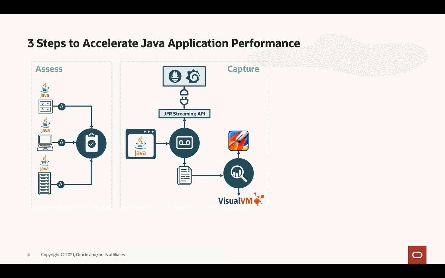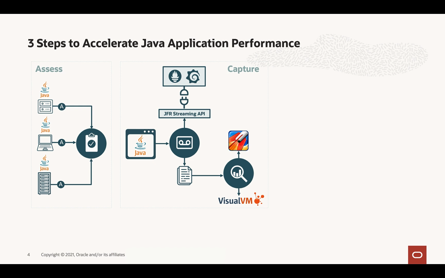So once we have the data in place using JFR, we need tools to evaluate and analyze the data. And that's where JDK Mission Control comes into play, or JMC. JMC is an advanced set of tools that enable that detailed analysis of the data we've collected using JDK Flight Recorder. In addition to JMC, there's another tool, GraalVM, which also provides detailed information about Java applications while they're running on the JVM.